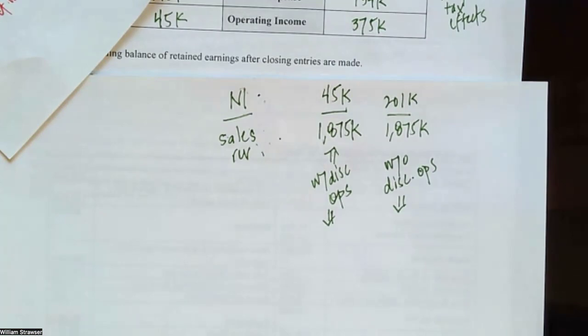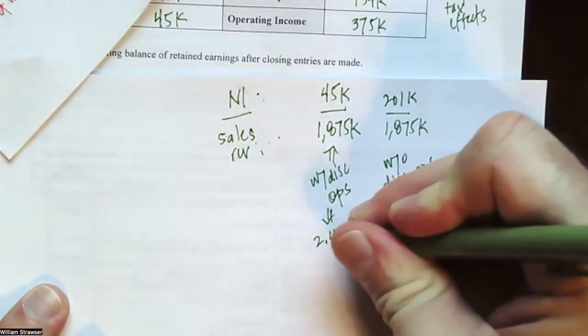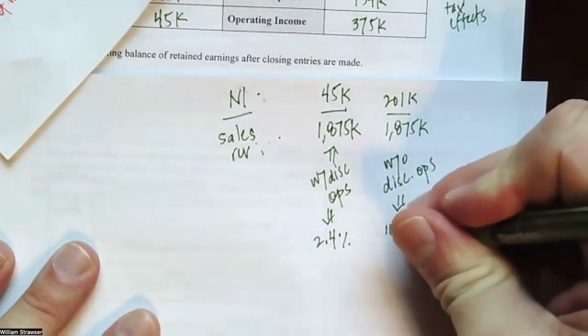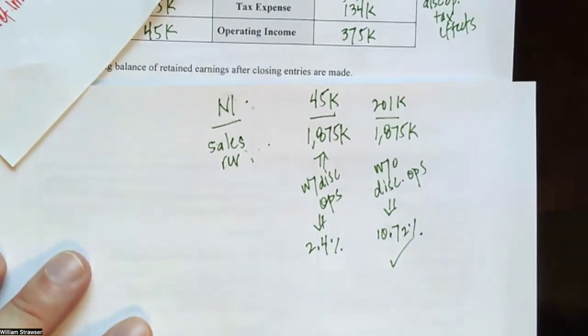So if we take the 45 and divide that by 1,875,000, that is 2.4%. And we take 201 divided by 1,875,000, that's 10.72%. So this is the clear winner, right?